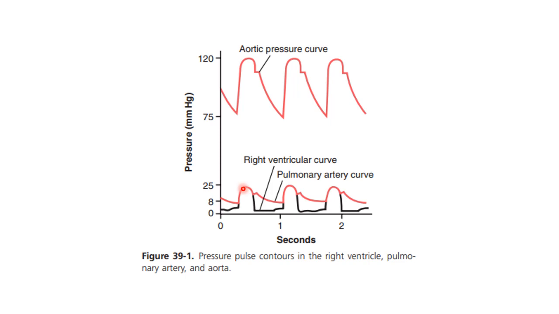The pressure is only at 25 mercury millimeters. So what does that tell you? The aortic pressure, which is the pressure read by a systemic artery, is 5 times higher than the pressure read in a pulmonary artery. Okay?